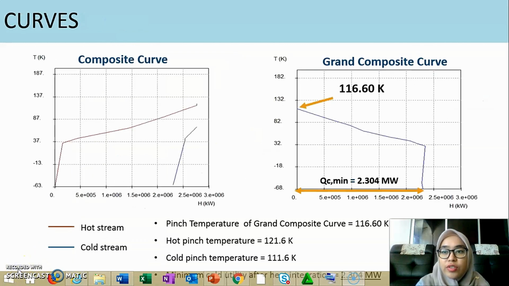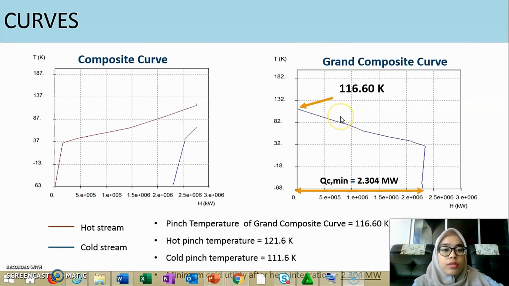Okay, so moving on to the composite curve and grand composite curve. Here, for the composite curve, there are 2 main lines, the red line and the blue line. The red line represents the hot stream, while the blue line is for the cold stream. The combination of these two lines will be used to generate the grand composite curve as this line.